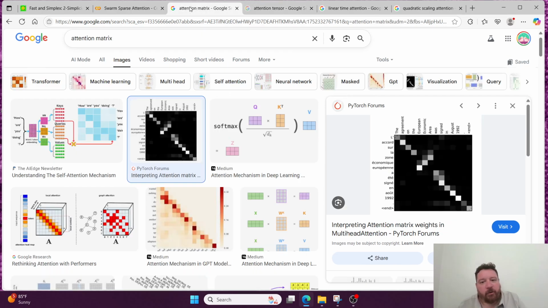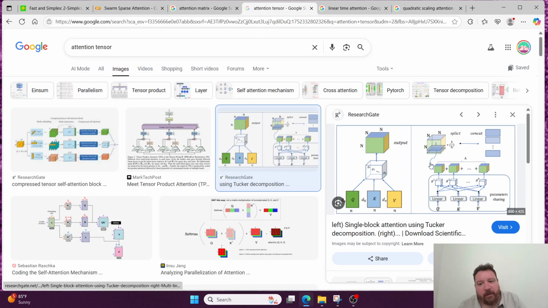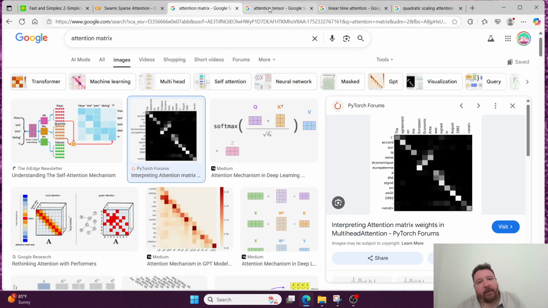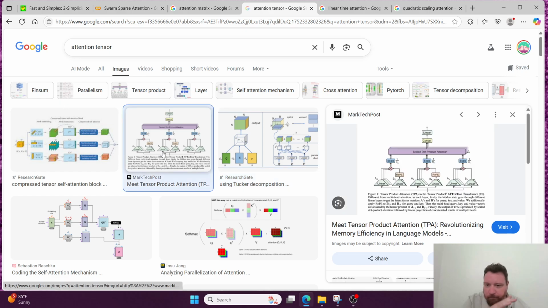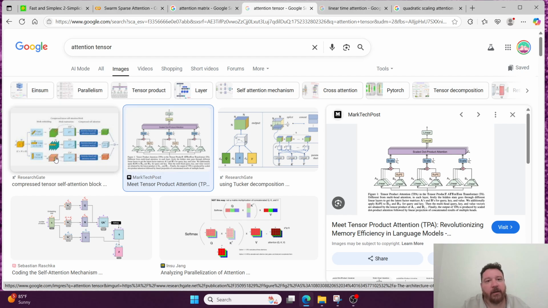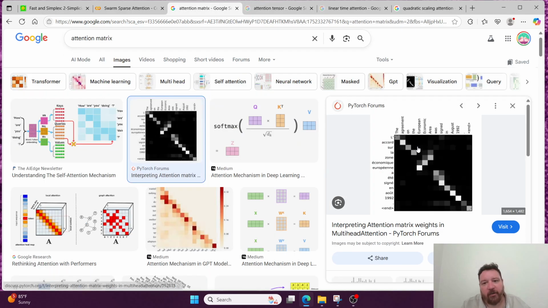If you're looking at these two things, your first instinct would be that this compared to this is far more complex, and you would be very correct. This architecture is significantly more complex than this architecture.